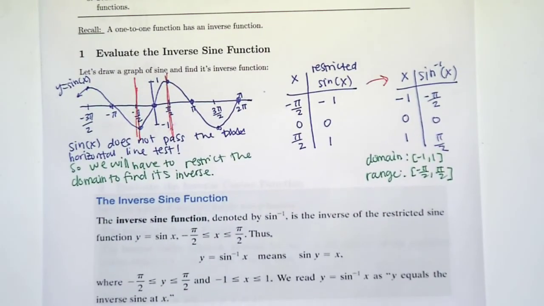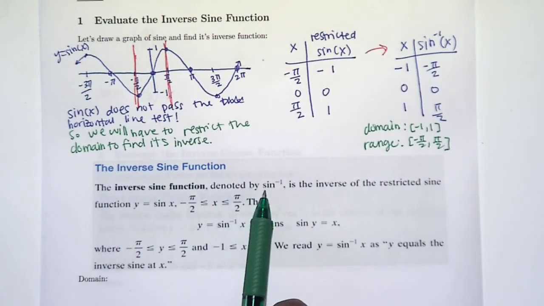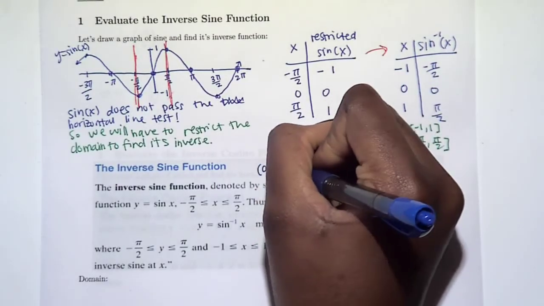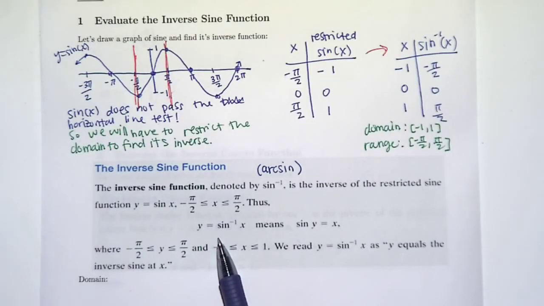All right, so here's our definition. It says the inverse sine function denoted by sine inverse, also you will see it as arc sine, of our function is the inverse of our restricted sine function. Just like we can rewrite logs and exponentials in terms of each other, we can do the same thing with our trig functions, right?